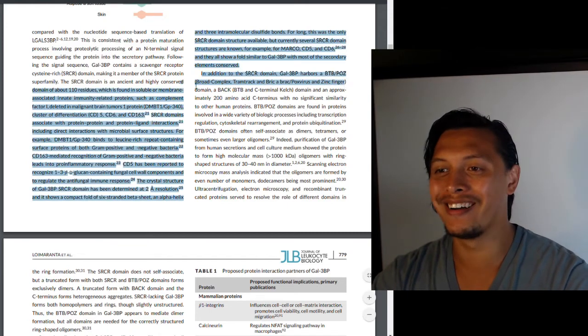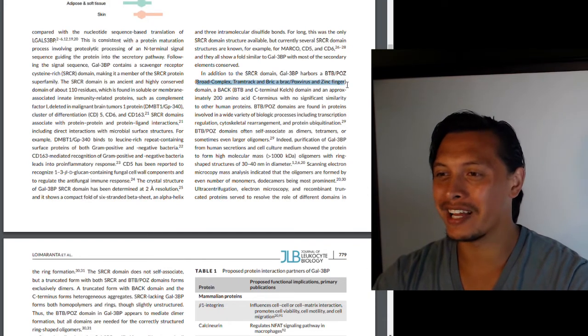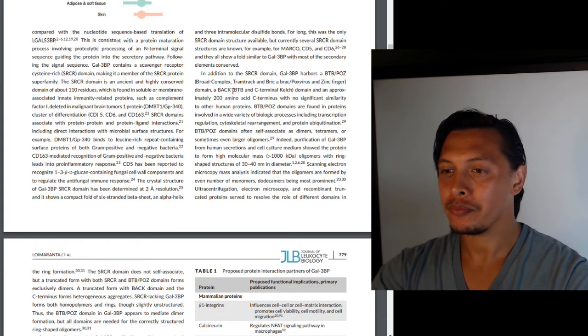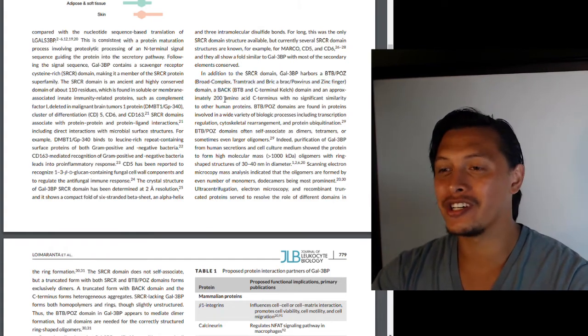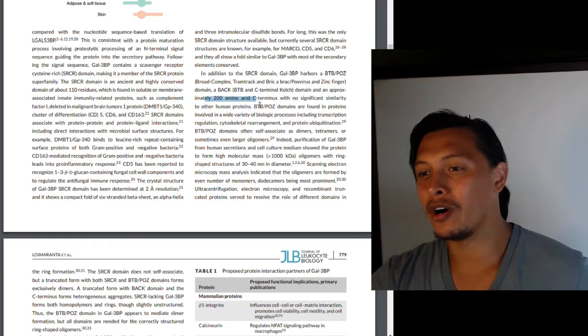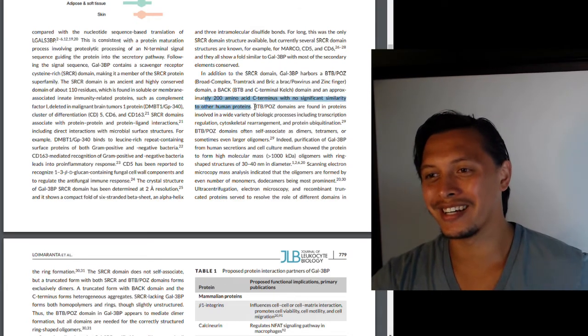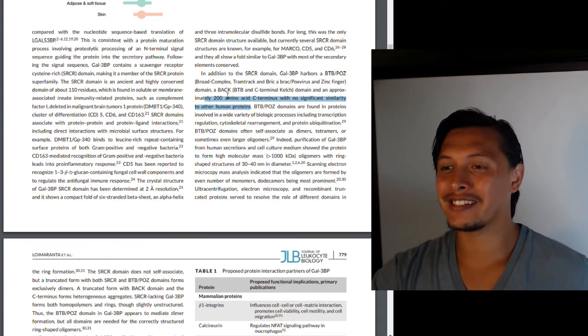Freaking biology, right? We love our acronyms. Anyways, it has that, and it also has a BACK, which is a BTB and C-terminal Kelch domain, and approximately 200 amino acid C-terminus with no significant similarity to other proteins. So look at this acronym.